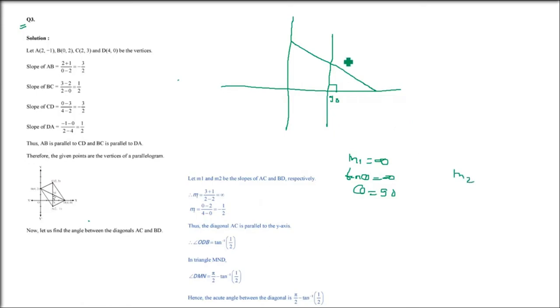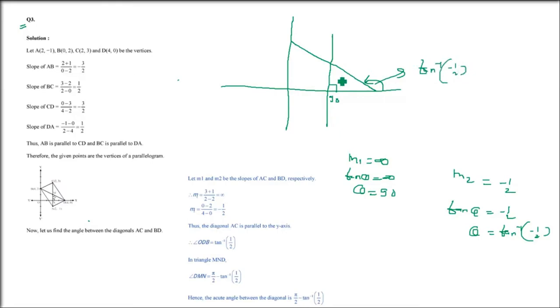The next one is m2. What is the slope of this m2? This is minus half. So we have tan theta equals minus half. Theta is tan inverse of minus half. Remember, theta is always measured from the positive direction of the x-axis.